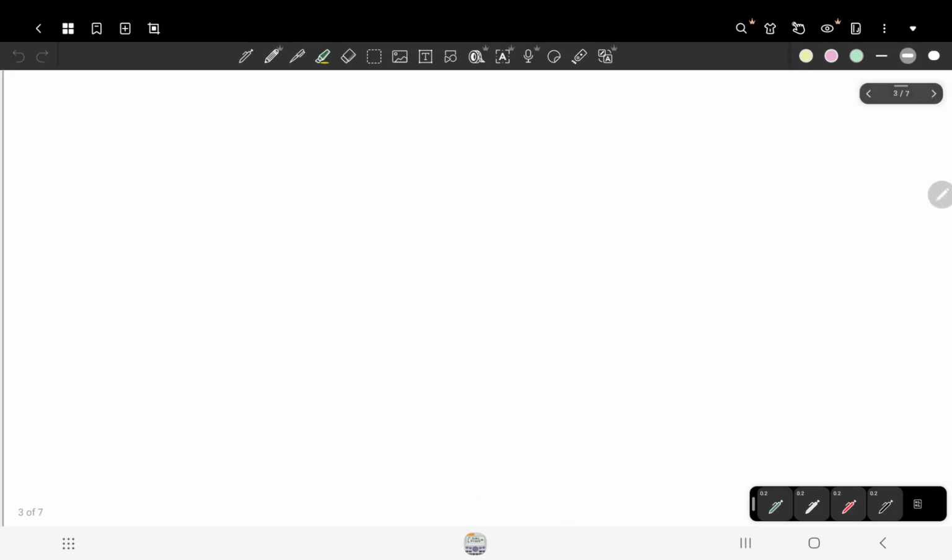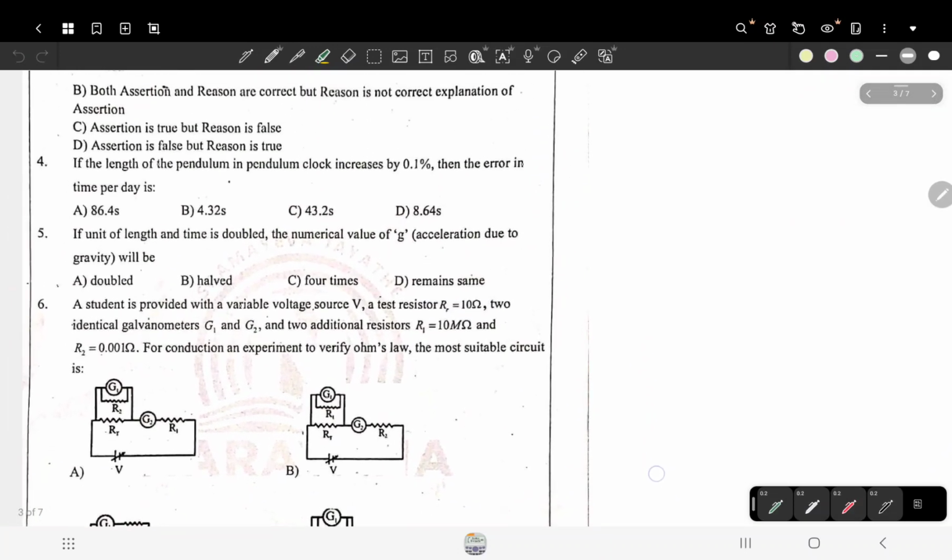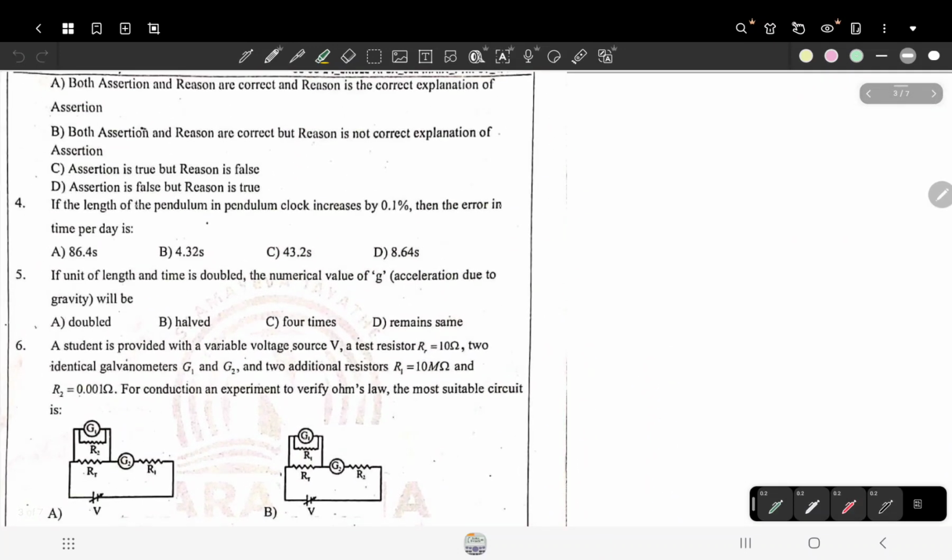Therefore the answer is not the first one, both assertion and reason are correct, but the reason is not the correct explanation. So this is the answer for the third question.